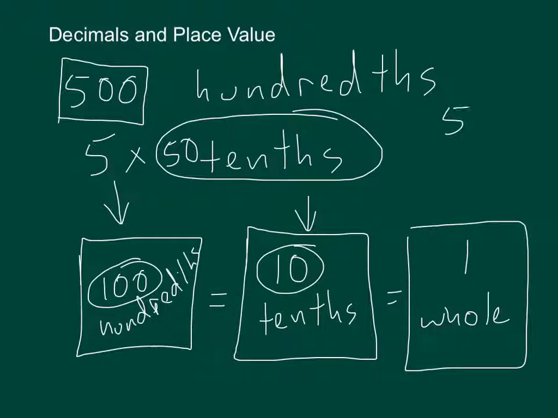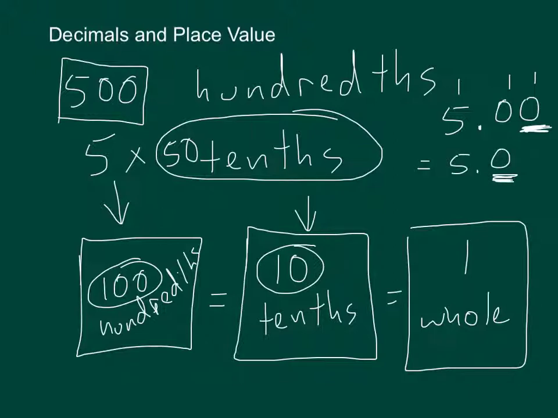And you would write that like this: 500 hundredths. Remember, we're using the last digit when we name it. Since it's the ones, the tenths, and then the hundredths, we use the hundredths in that case. And that's going to equal the same thing as 50 tenths.